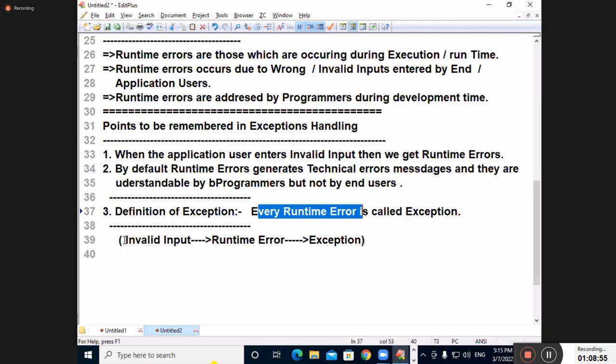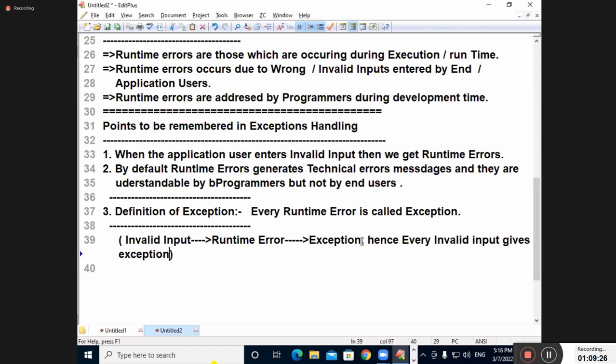Invalid input gives runtime errors, called exceptions. Hence, every invalid input gives exception.